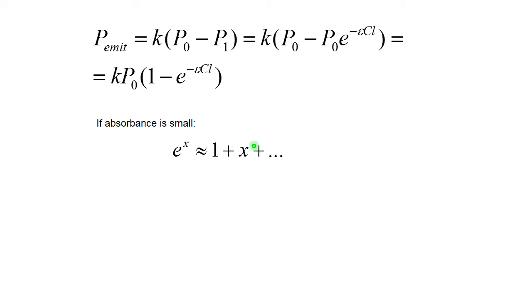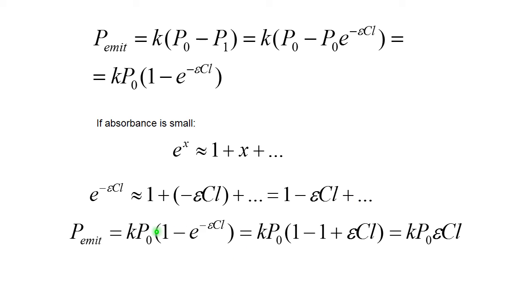So if we put this in, for small absorbances only, which means small concentrations only, we'll have x in here. So we have such a simplification. Instead of an exponent, we have a linear function. Now we can put this linear function in our equation above, and we have a linear equation.